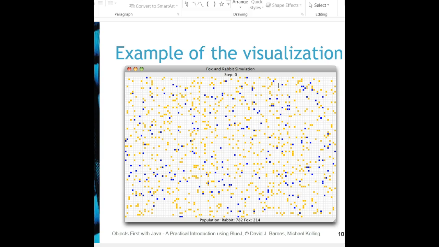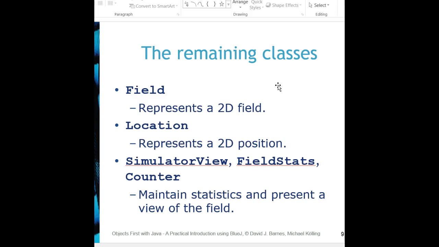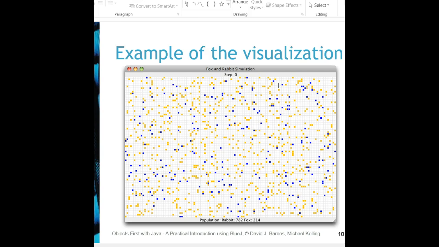You can see in the visualization what we talked about, the location and all that. Another class was Counter, which stores a current count of one type of animal to help with the counting.